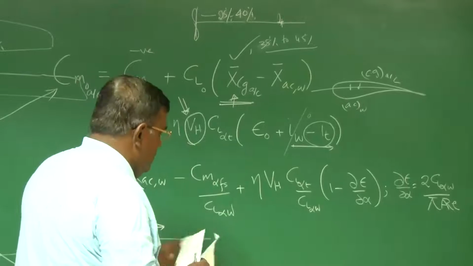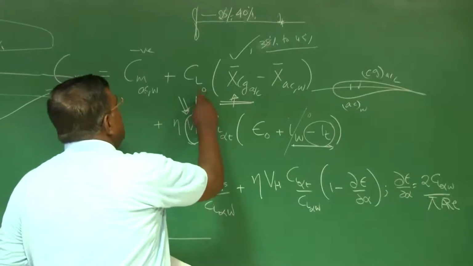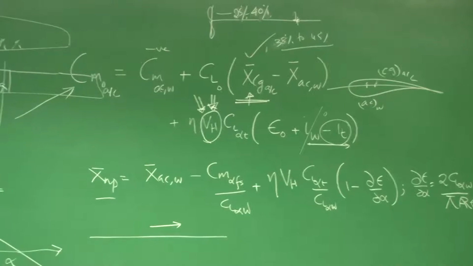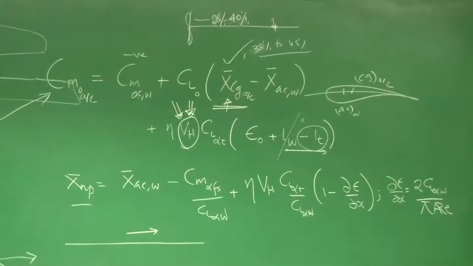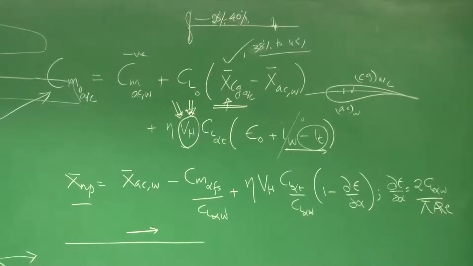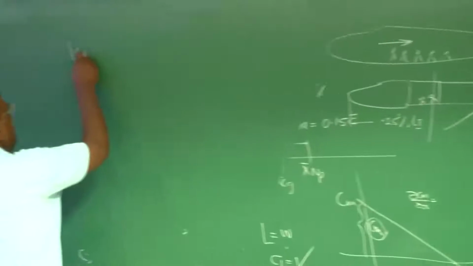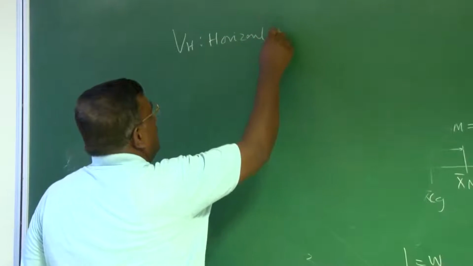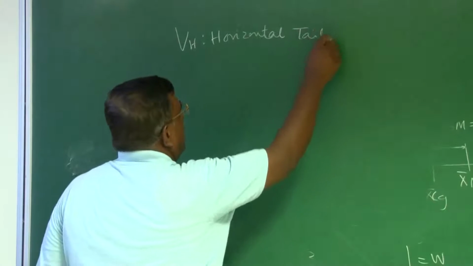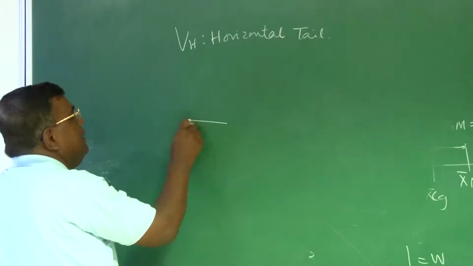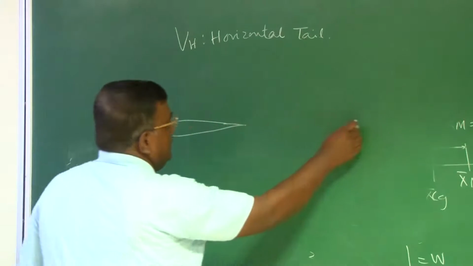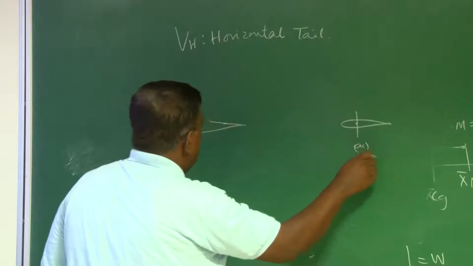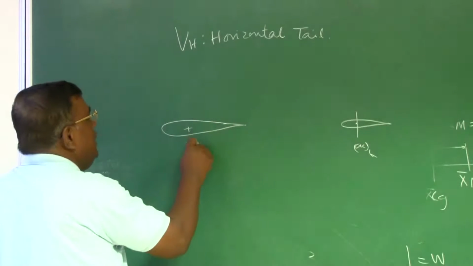So what is important, who will save us, is VH. And what is VH? The tail volume ratio. Why am I giving so much weightage to VH? Let us see that. VH is the tail volume ratio. I am talking about the horizontal tail. Ideally, if this is the wing, this is the tail, this is the AC of the tail, and let's say this is the CG of the airplane.